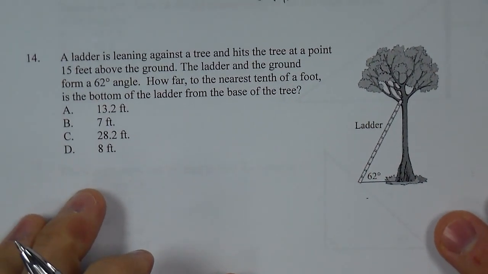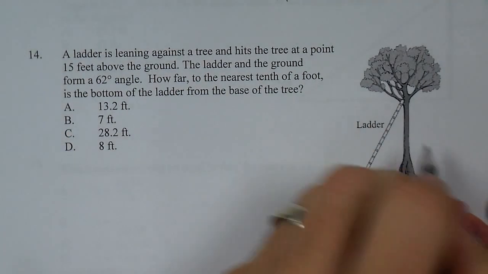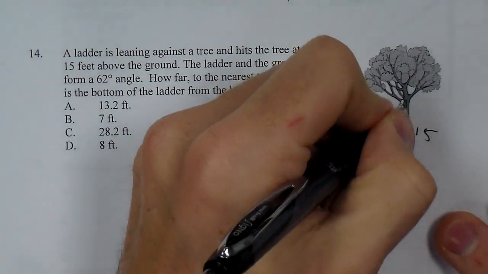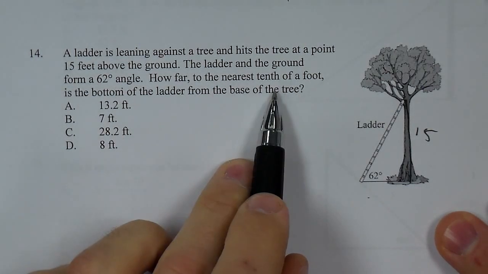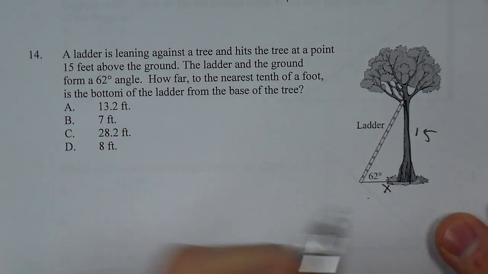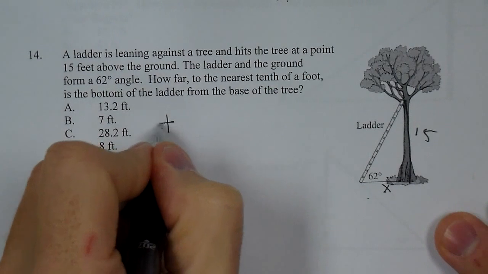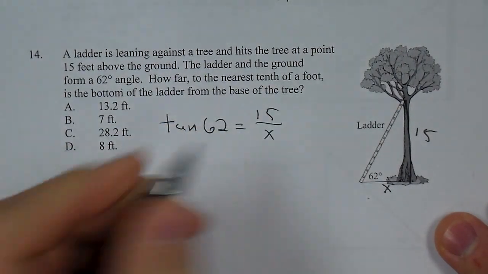Number 14. A ladder is leaning against a tree, hits the tree at a point 15 feet above the ground. There's my vertical distance. The ladder is at a 62-degree angle. How far is the bottom of the ladder from the base of the tree? So we don't want to know the length of the ladder. We take the height and figure out the distance it is away. This is going to be a tangent problem because it does not use the hypotenuse: tangent 62 equals 15 over x.